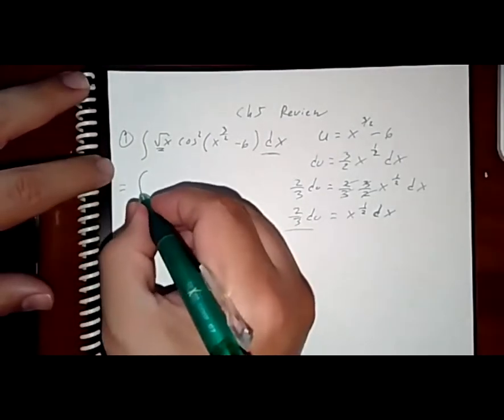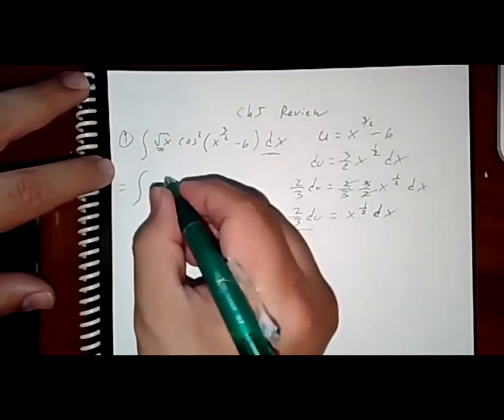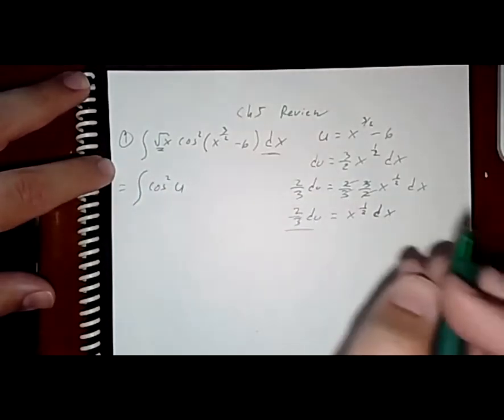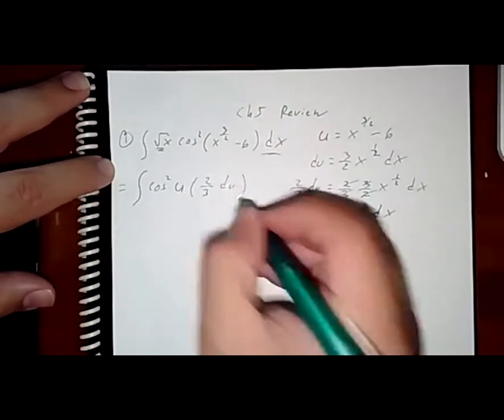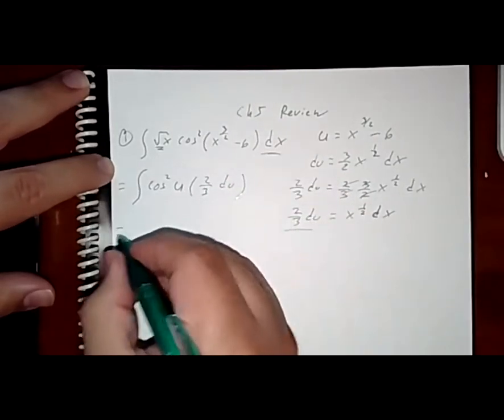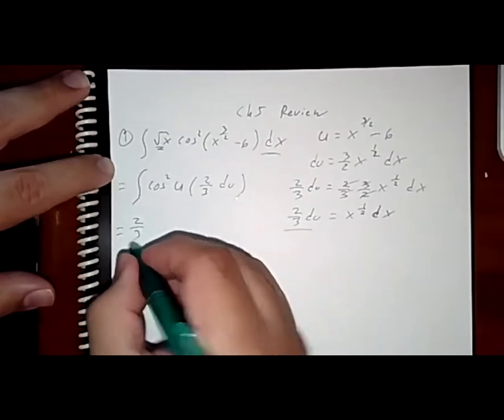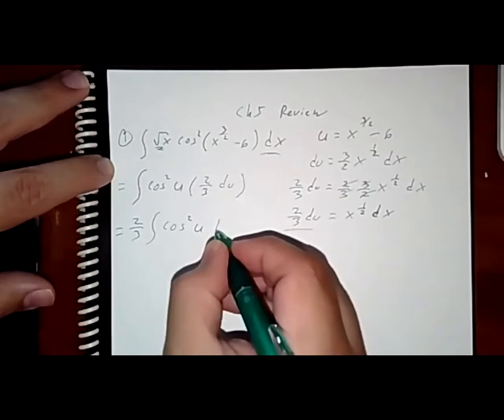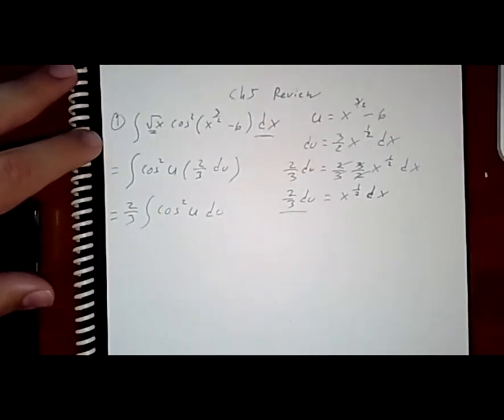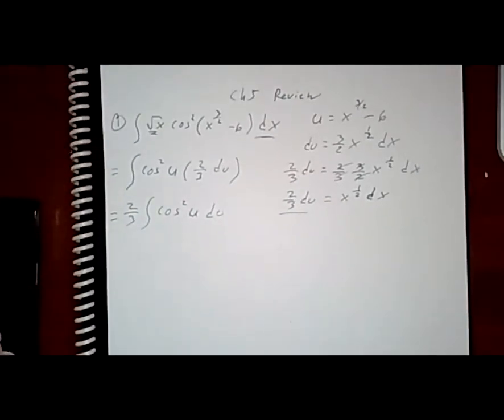So that will be cosine squared u times 2/3 du. Pull out the 2/3.